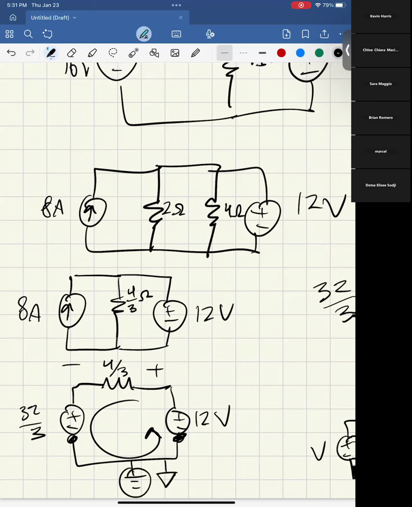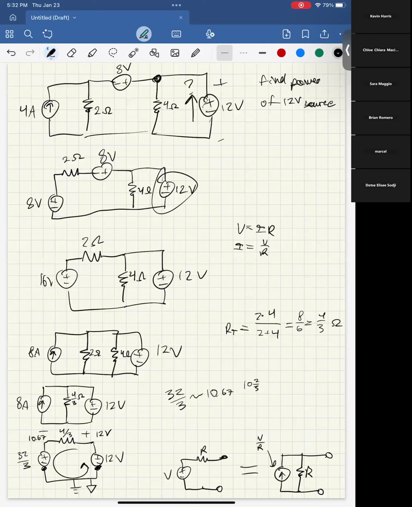I personally like this one more. I think they probably have different meanings in schematics, like one of them is physical ground and one of them is ground of your circuit. But they both mean 0 volts. So if we arbitrarily call this 0 volts, then up here we're going to have 12 volts, and up here we're going to have 10.67 volts. So that will make a current flow through that resistor.